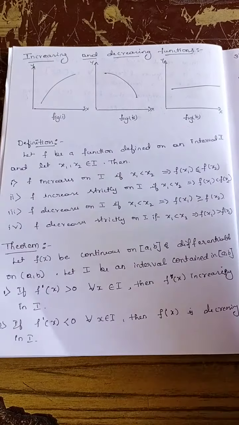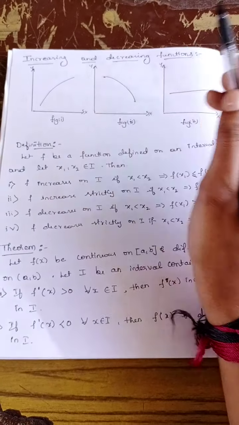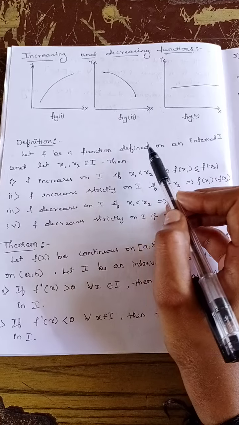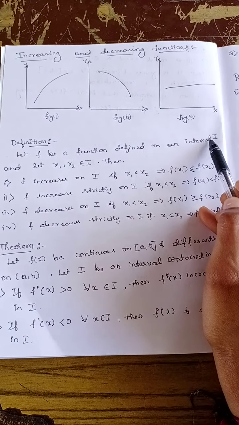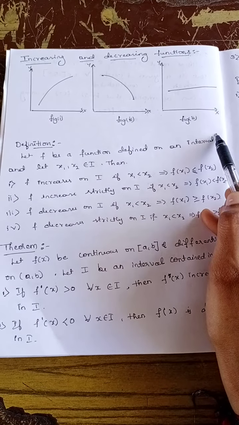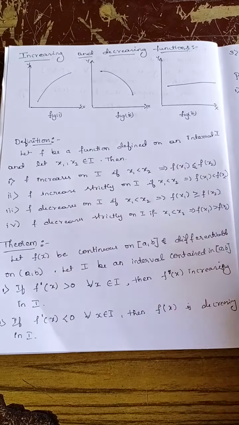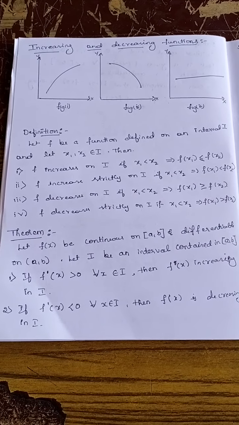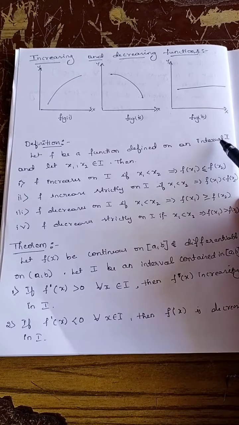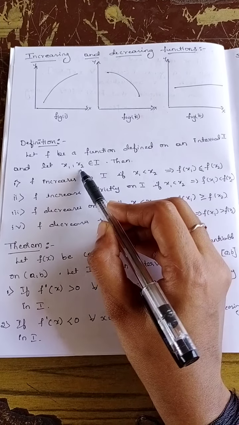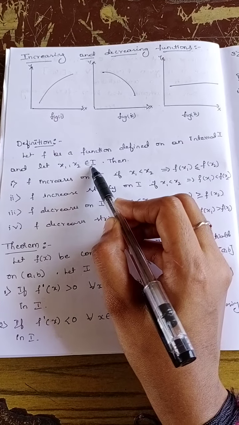The actual definition of an increasing and decreasing function is: let f be a function defined on an interval I. If you take any interval I, let x1 and x2 be any two elements in that interval.